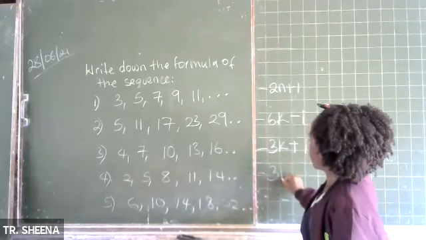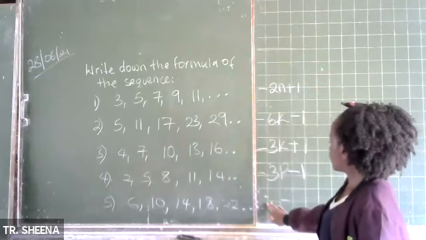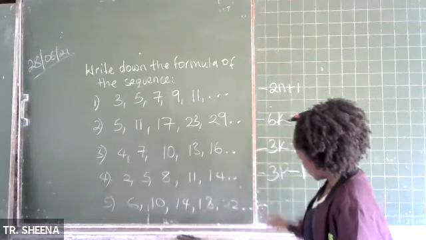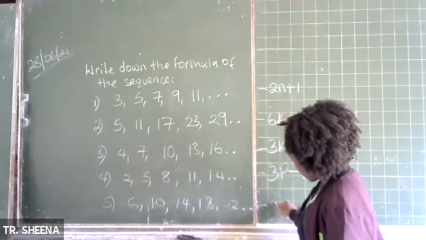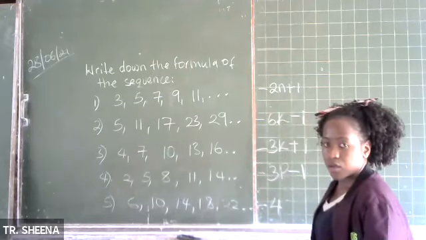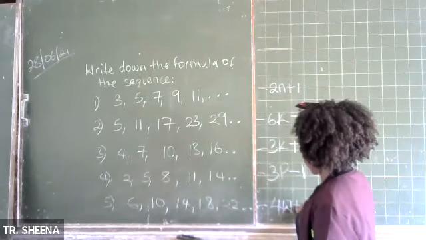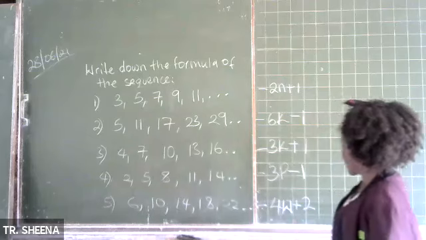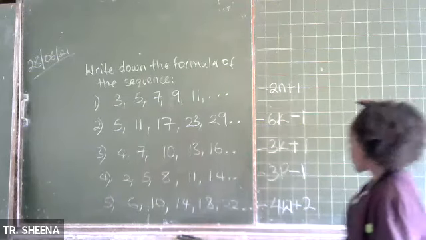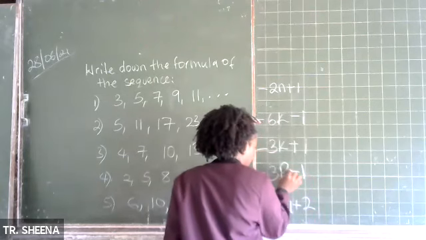And the last one, 4w plus 2. What are the letters? You left out H, yet your name is Henry. Okay, thank you, Henry.